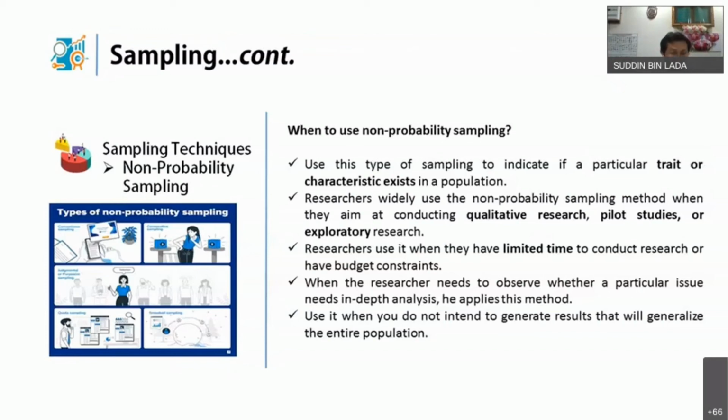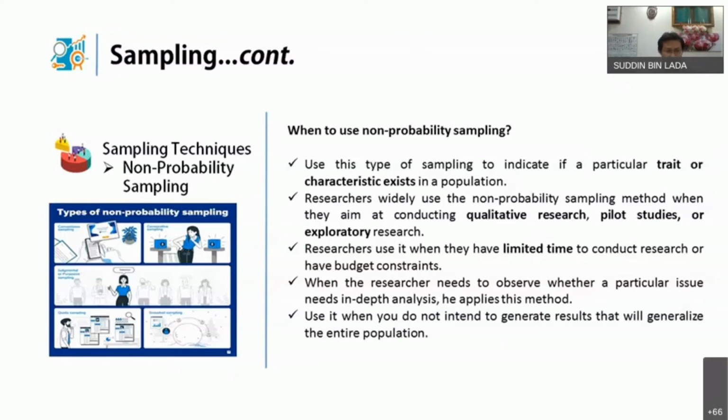Okay. Then when the researcher needs to observe whether a particular issue needs in-depth analysis or not. Okay, this is actually related to qualitative research. Let's say you need to know in detail what happened to the economy, or we need to know in detail about the tourism industry, especially when the government implemented the MCO, the PKP, and they closed the border, the business closed down everything, especially for the tourism industry, right?